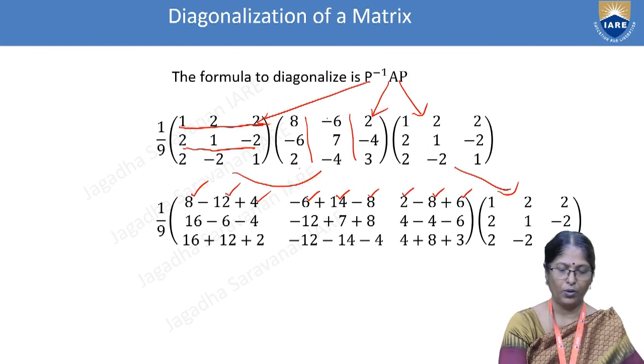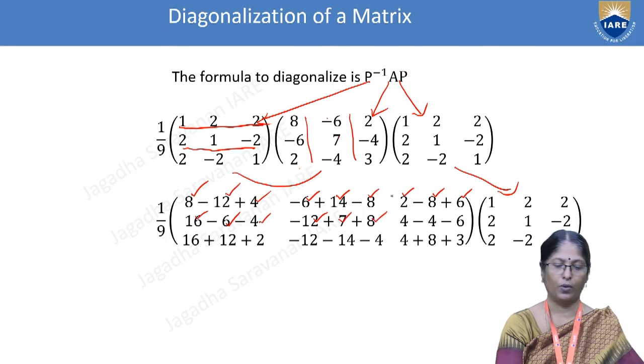So 2 into 8, 1 into minus 6, minus 2 into 2, 2 into minus 6, 1 into 7, minus 2 into minus 4, 2 into 2, 1 into minus 4, minus 2 into minus 6.